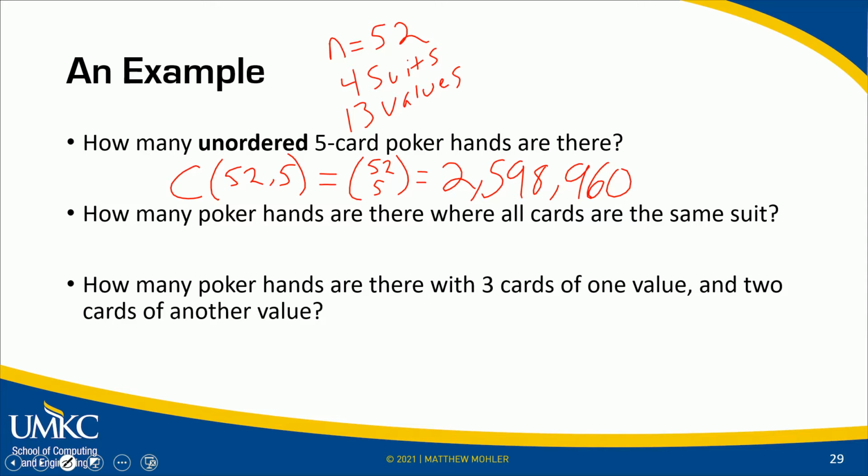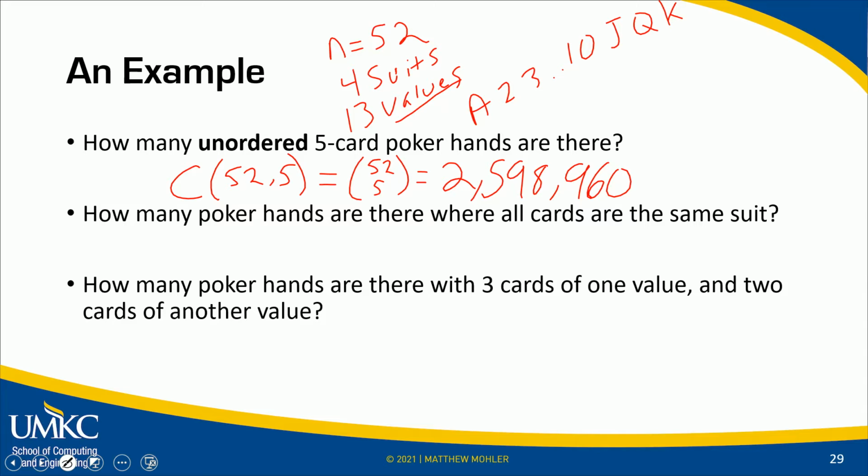And so those values are going to be like an ace, a 2, a 3, up to a 10, and then your jack, queen, and king. And all of those are the 13 different values within a poker deck. And again, like I mentioned, there are 4 different suits as part of that deck.